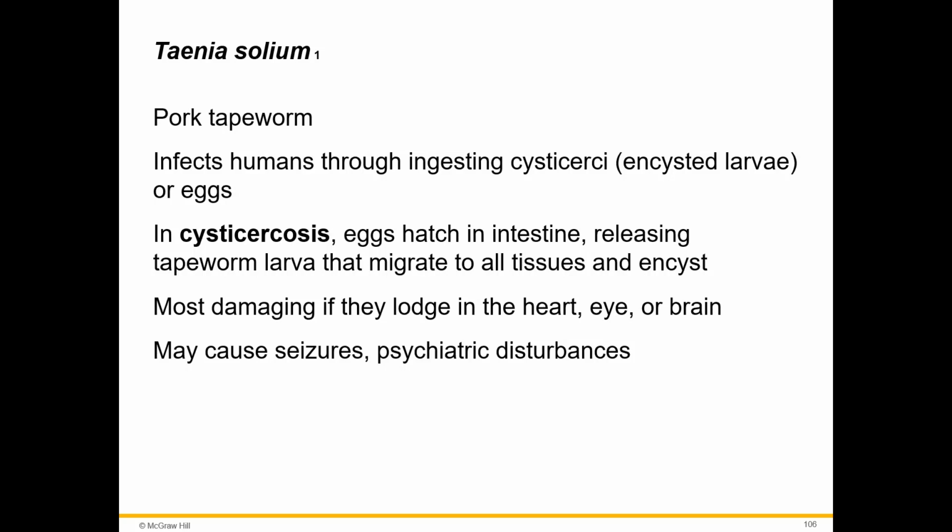However, it's incredibly damaging once they get into the heart, the eye, or the brain. Once the pork tapeworm has gotten to that point, it can cause seizures and psychiatric disturbances.